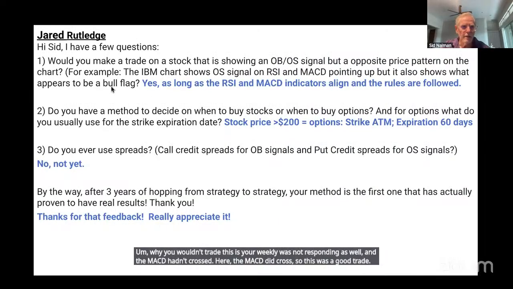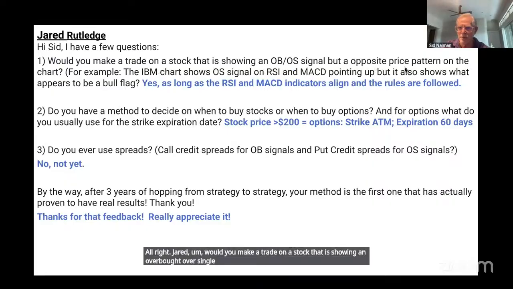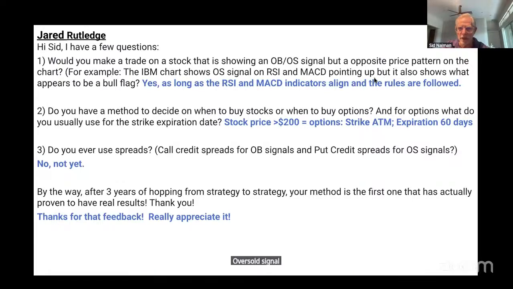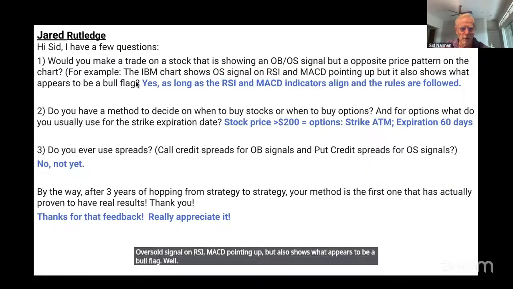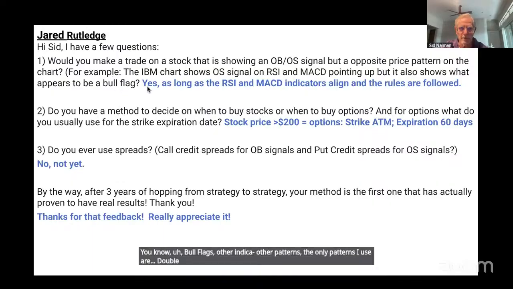All right, Jared, would you make a trade on a stock that is showing an overbought or oversold signal, but an opposite price pattern on the chart? For example, the IBM chart shows an oversold signal on RSI, MACD pointing up, but also shows what appears to be a bull flag. Well, bull flags, other patterns. The only patterns I use are double tops, double bottoms, head and shoulders, inverted head and shoulders.